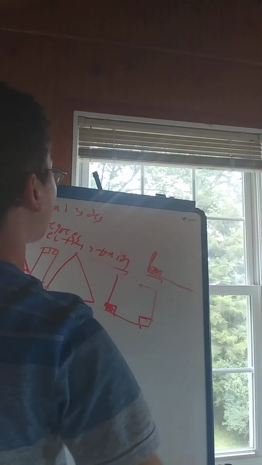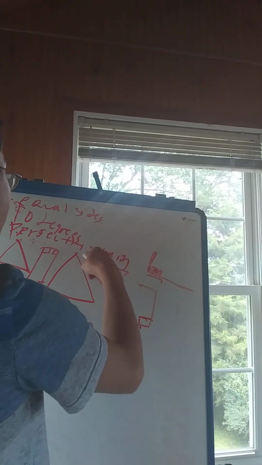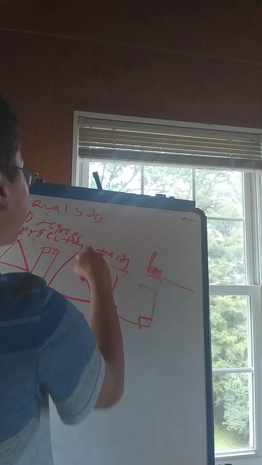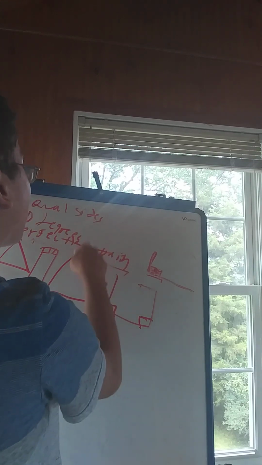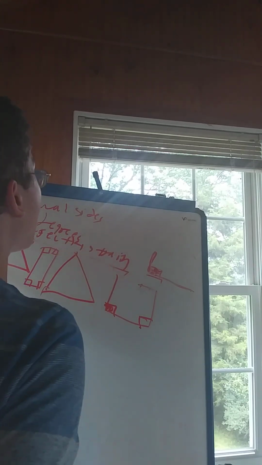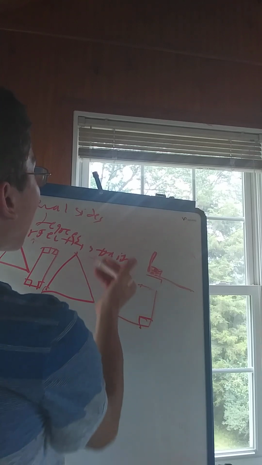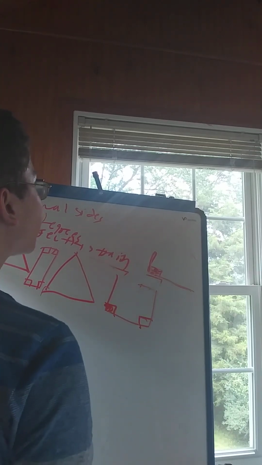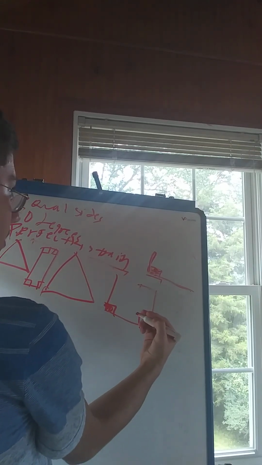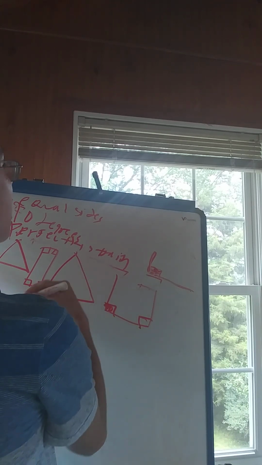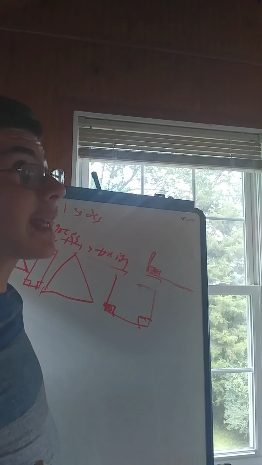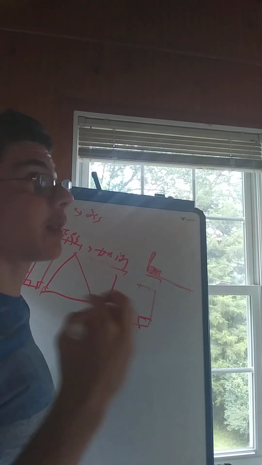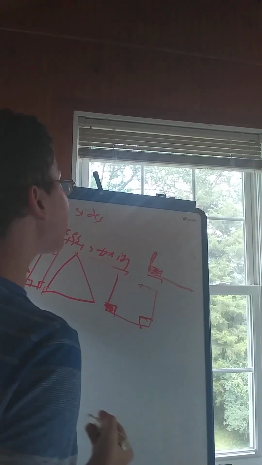Northeast, southeast, northwest, southwest. So we have the straight base and we have these 2 diagonal sides. The bottom is straight, but the sides are diagonal. So those are not equal. The bottom and the sides are not equal.